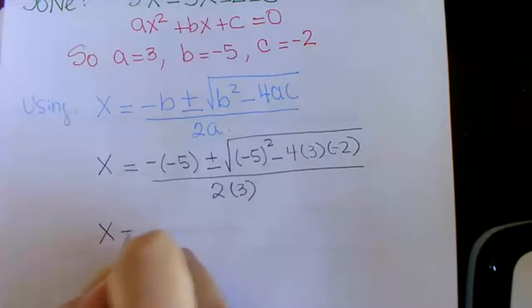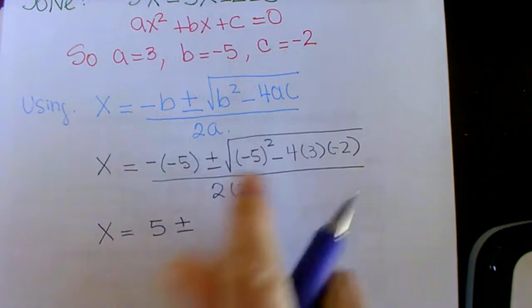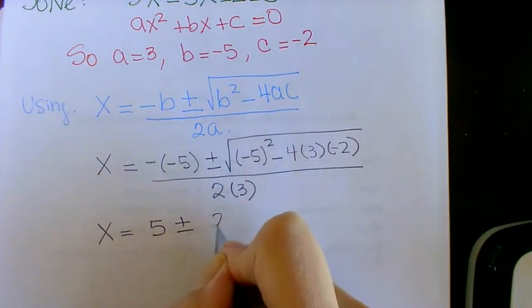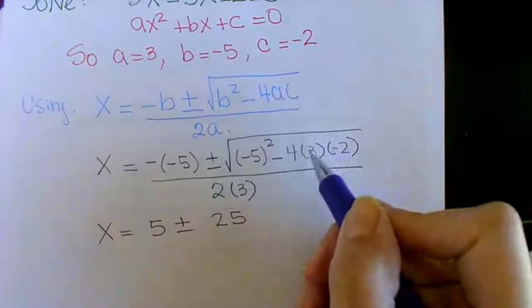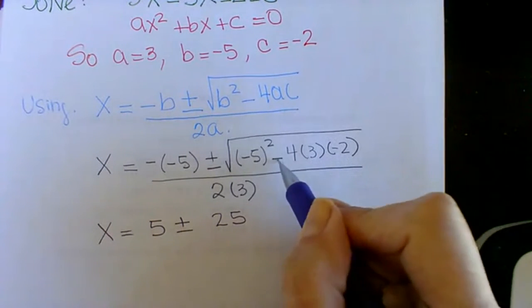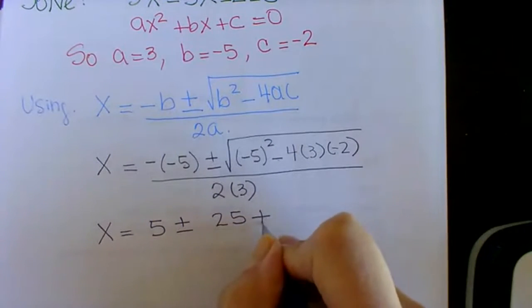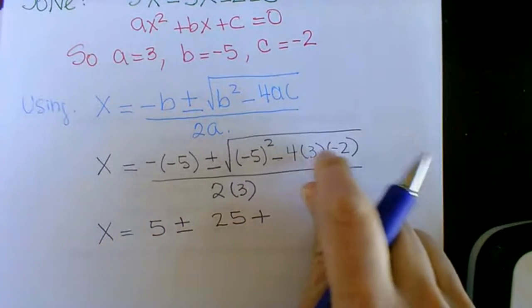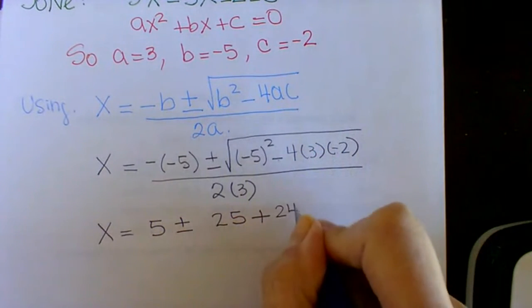Now, this is 5, right? Plus and minus. Negative 5 times negative 5, that's 25. We have two negatives here, so this is going to be positive. 4 times 3 is 12. 12 times 2 is 24.